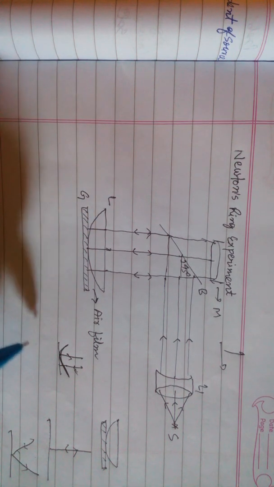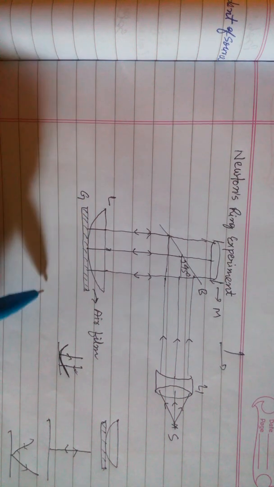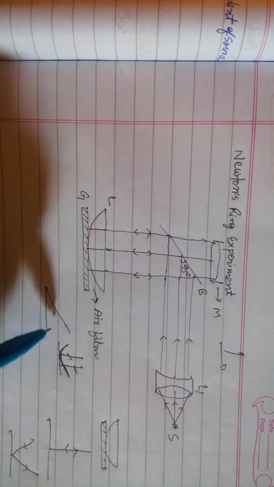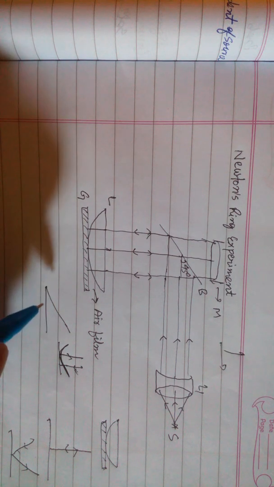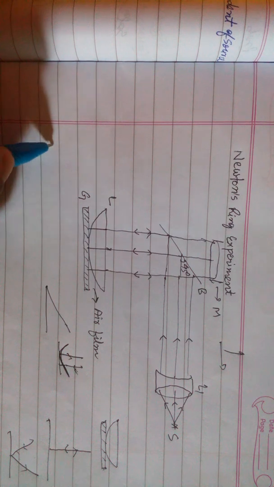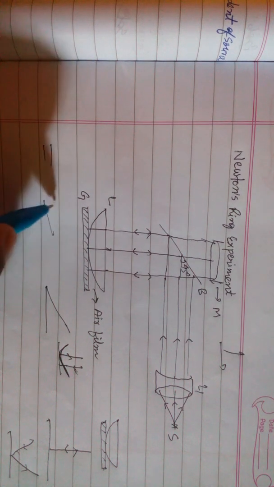If we look at one side, this becomes a wedge shaped thin film. We already know that there are two kinds of thin films, one parallel thin film and one wedge shaped thin film.